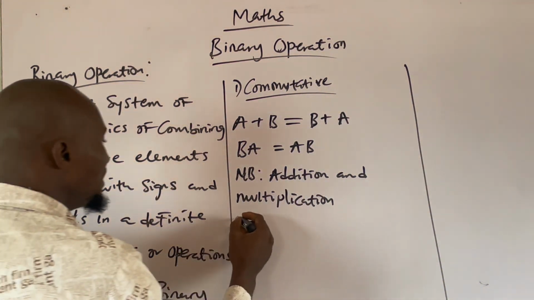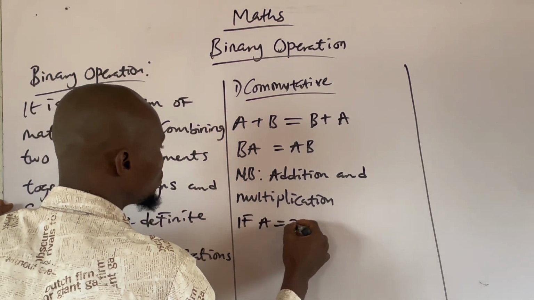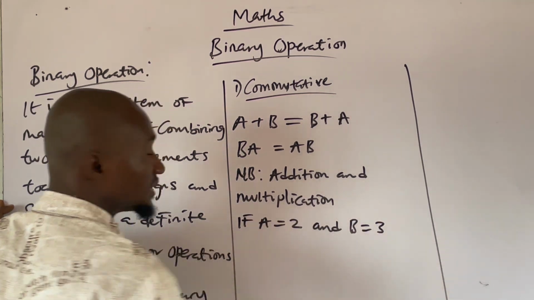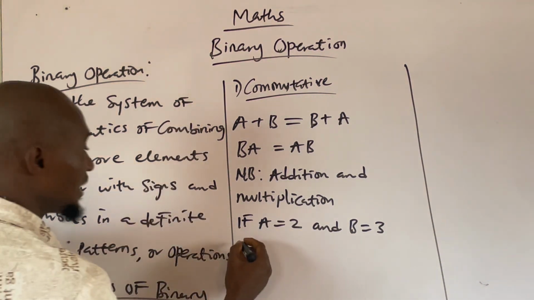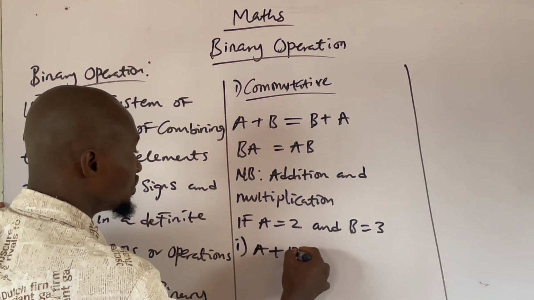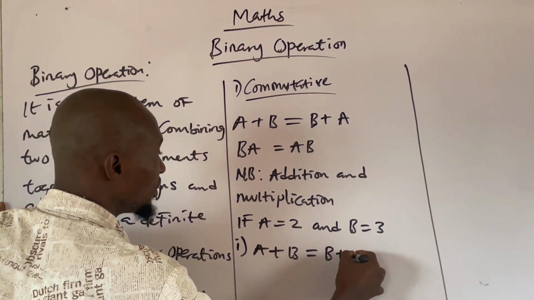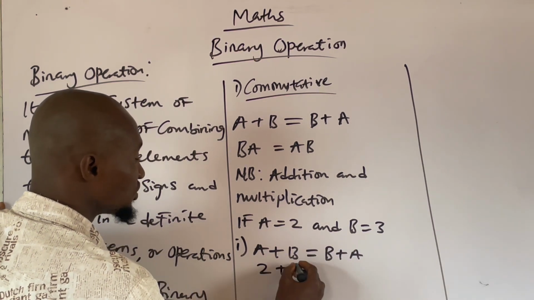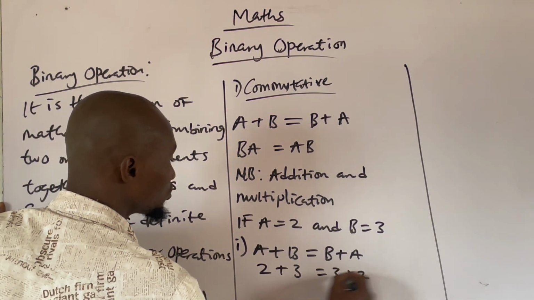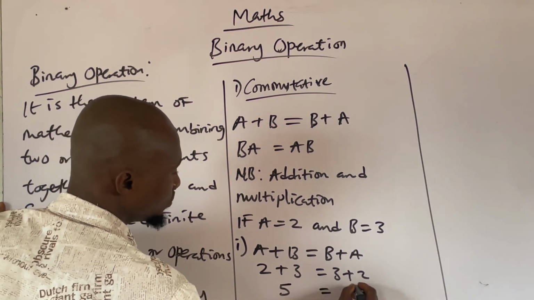So now if A is equal to 2 and B is equal to 3, now look up. Using the first example, A plus B is equal to B plus A. That is 2 plus 3 equal to 3 plus 2. This will give you 5, this will give you 5.